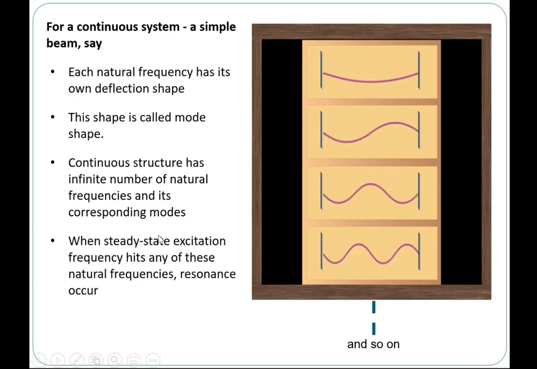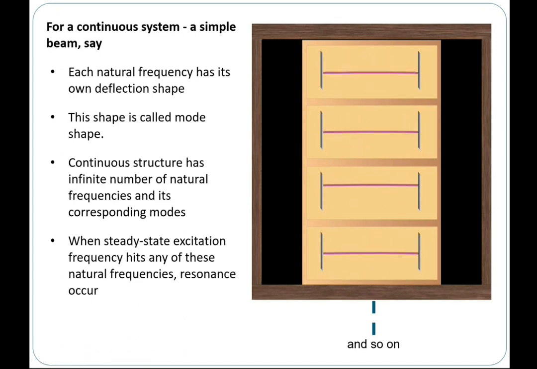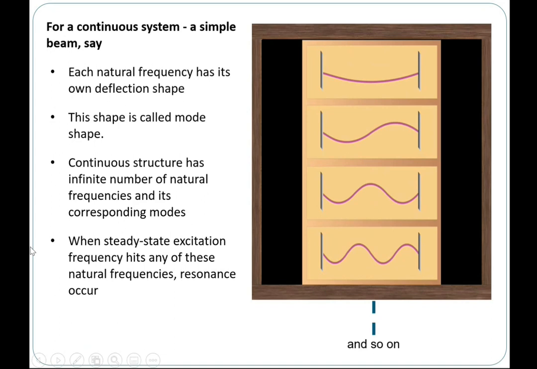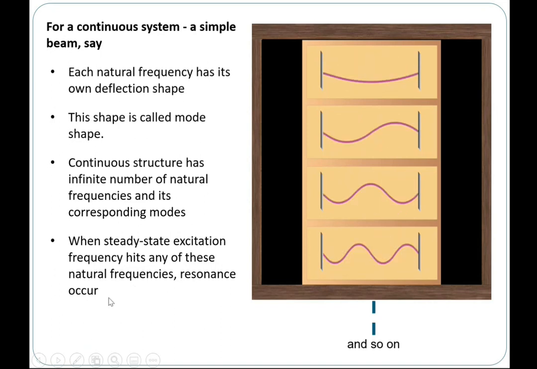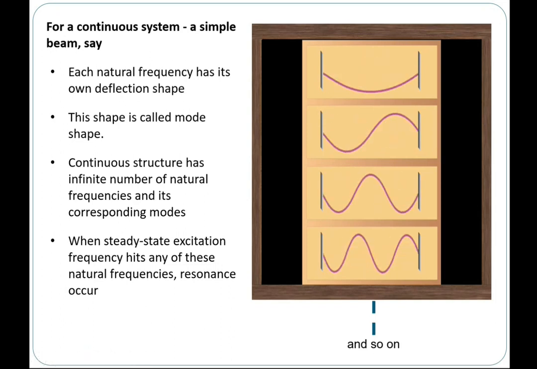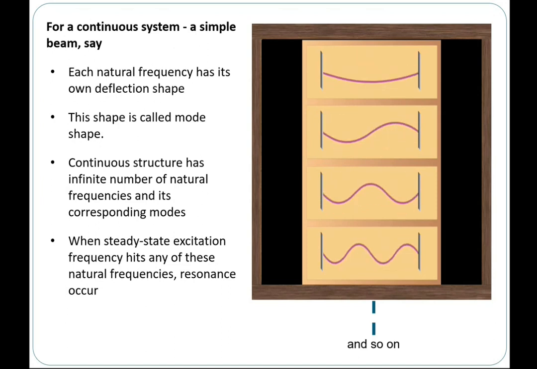Then if you have a steady state excitation frequency that coincides with or hits any of these natural frequencies, resonance occurs, right? You remember that resonance happens when your excitation frequency coincides with a natural frequency. In 1 degree of freedom, you only have 1 natural frequency.